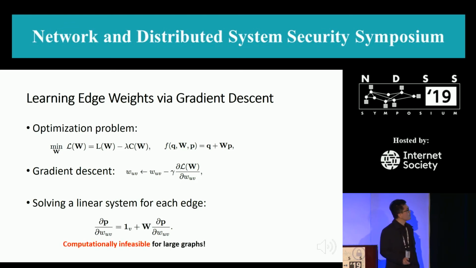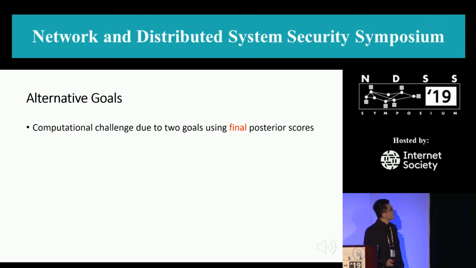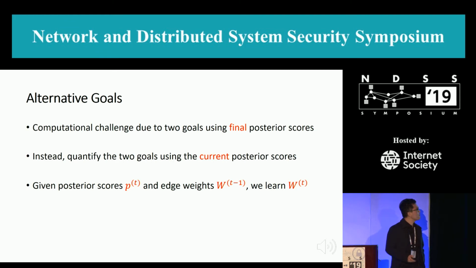So we need to find alternative goals. We found that the computational challenge is because we use the final posterior scores to quantify the goals. Instead, we can quantify the goals using the current posterior scores. What does that mean? If we are given the posterior scores in the t-th iteration and the edge weight matrix in the (t-1)-th iteration, we want to learn the edge weights in the t-th iteration.